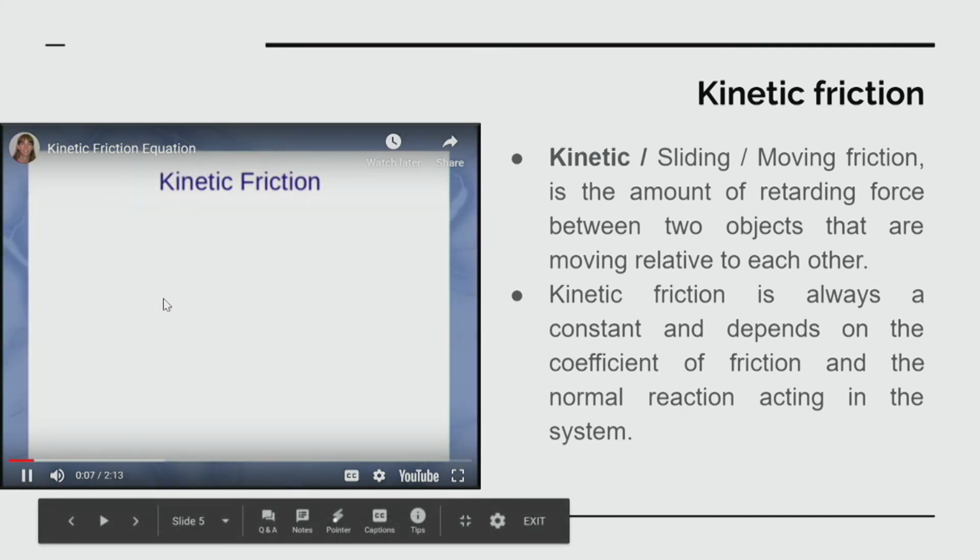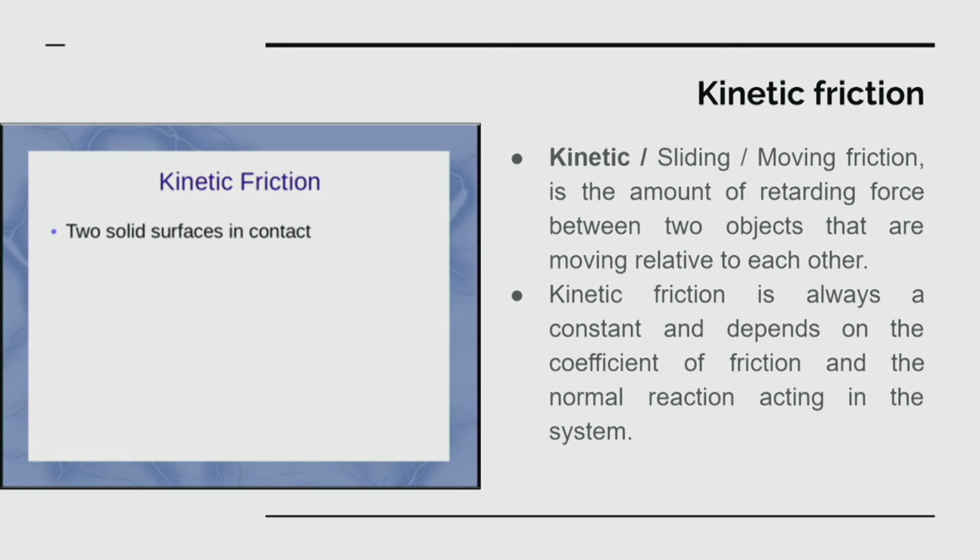So in kinetic friction, we still have two solid surfaces that are in contact, but in this case we have motion between the surfaces. Because of this, kinetic friction is also sometimes called sliding friction. So you have one object sliding across another object.